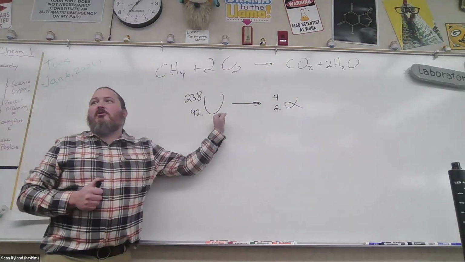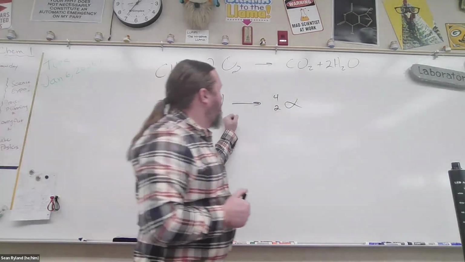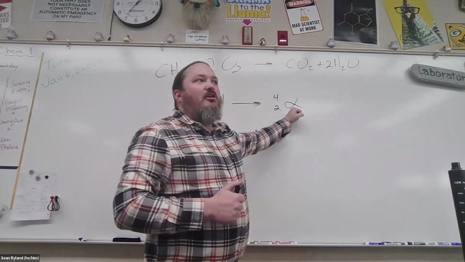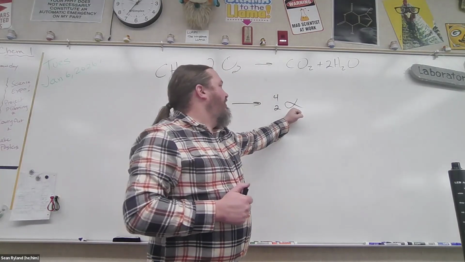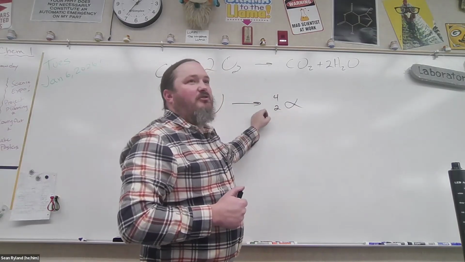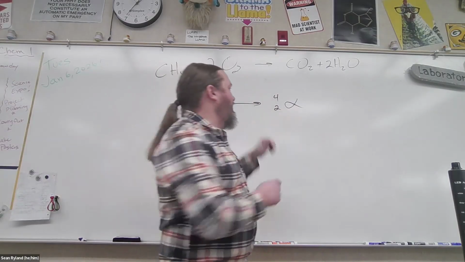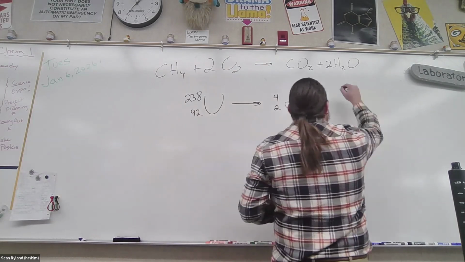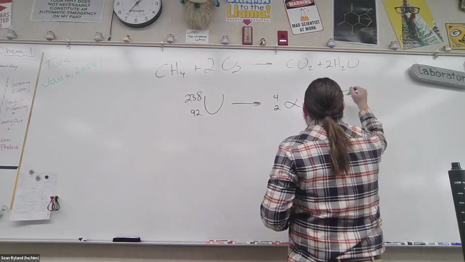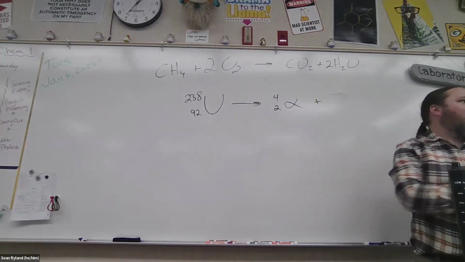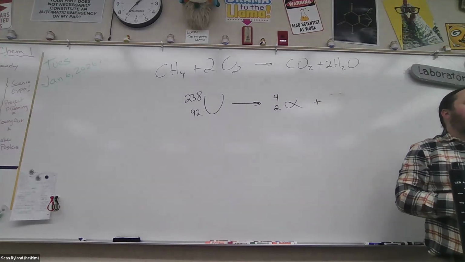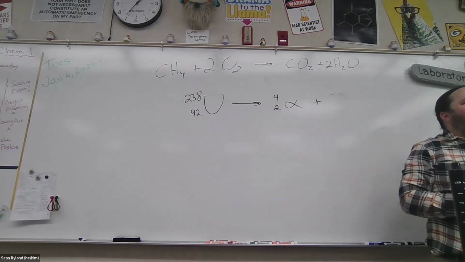Basically, when uranium goes through a fission reaction, a chunk of that nucleus breaks off. 2 neutrons and 2 protons break off of that nucleus, and we get a new element. What is uranium that's missing 2 protons? And check your periodic table. If uranium was missing 2 protons, what would it be?